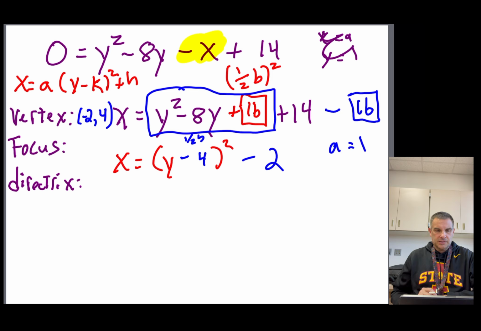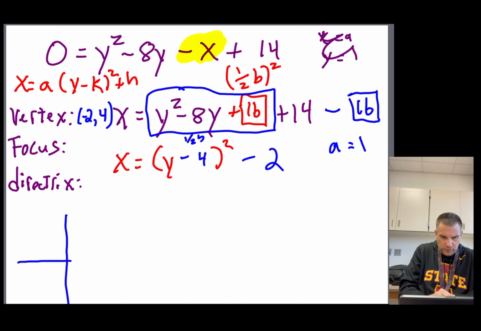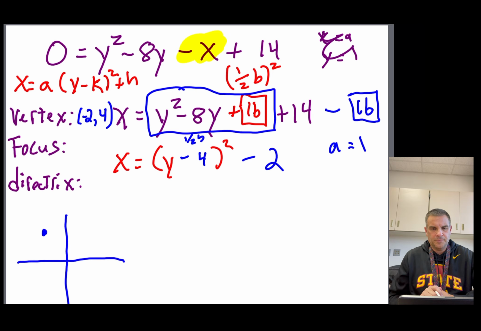The focus. Okay, so I'm going to sketch this graph. So let's think about this focus piece of it. Our vertex is at -2, 4. Our vertex is right there. This is an x equals, and we know our a value is positive, so this thing's going to open in this direction.